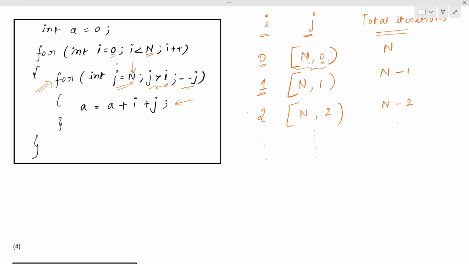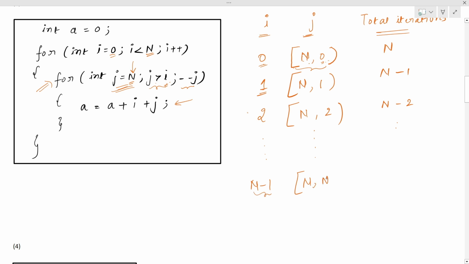So here we have seen the total number of iterations, right? From n and n minus 1, here it will become n minus 2, something like this. So you can see it will run till n, that means less than n, that means I will run till n minus 1, and j is as simple as that, include n because j is starting from n, and j is greater than i, that means j is greater than n minus 1.